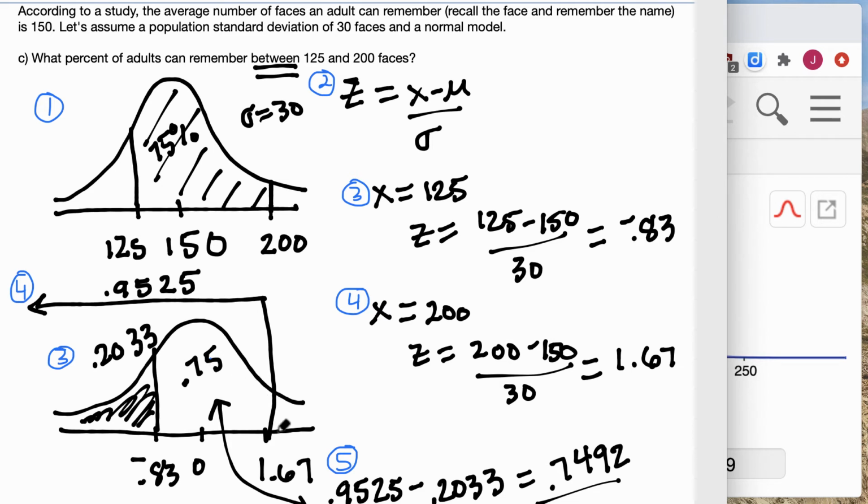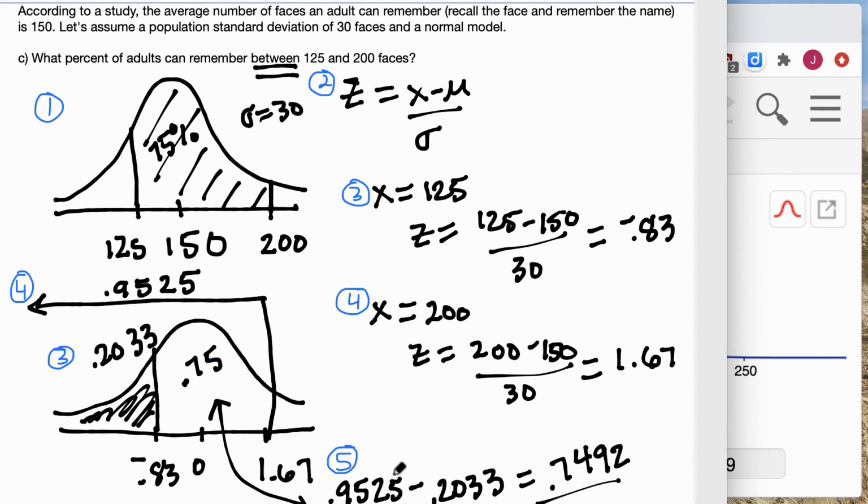Then if we similarly go to the normal table, find the area to the left of 1.67, so my little arrow says this is the area to the left of 1.67, we get an answer of 0.9525. Now again, that's the area totally to the left of 1.67. It's not really the answer that we're looking for because we need to find the area between the two z-scores.